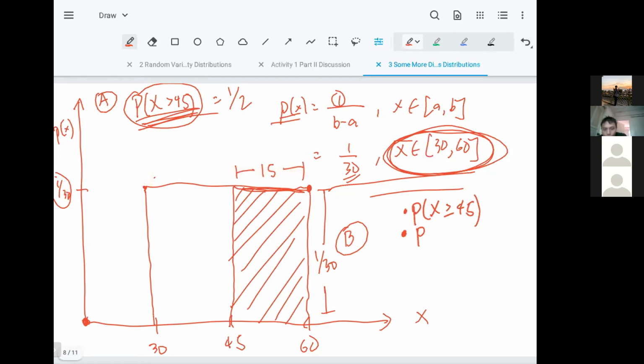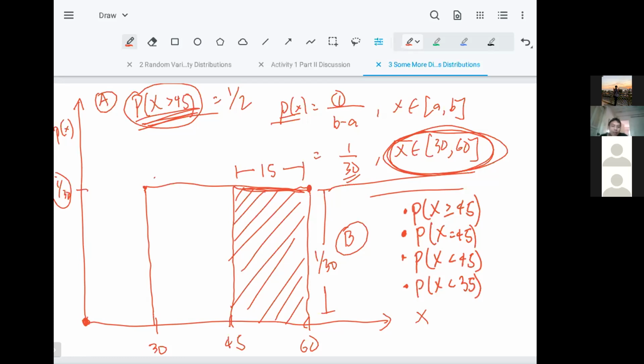So yan, follow-up questions, how do we answer these problems? Yan, so 4 na follow-up questions. So first, what's the probability that x is greater than or equal to 45? What do you think? Kanina kasi sabi natin 1/2.